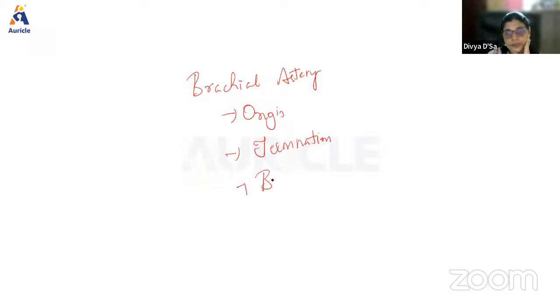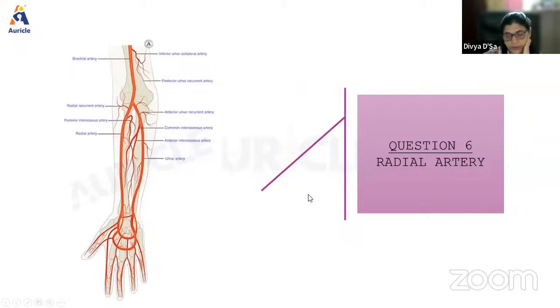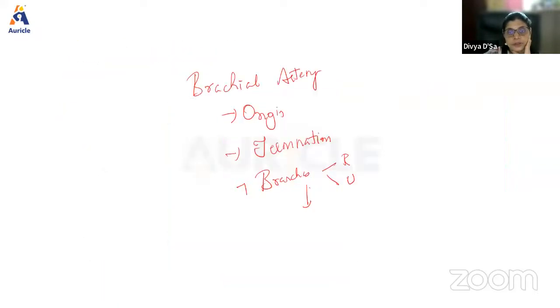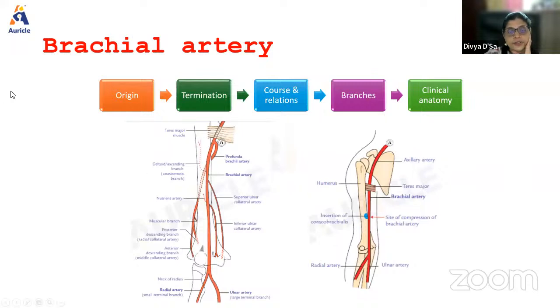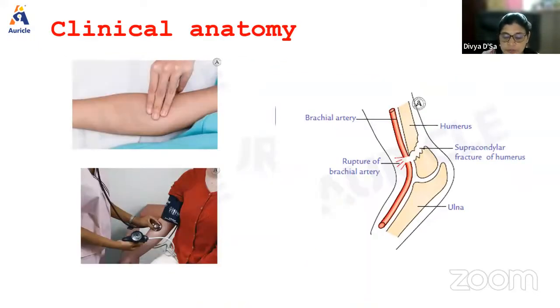Its branches: it gives a nutrient artery, superior ulnar collateral, inferior ulnar collateral, and the largest branch is the profunda brachii artery. Terminal branches are, of course, radial and ulnar artery.